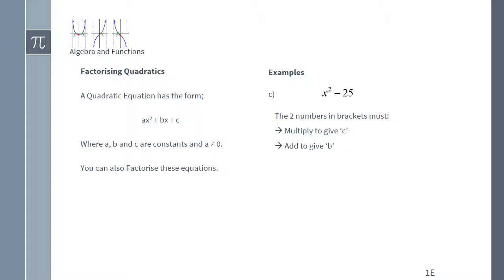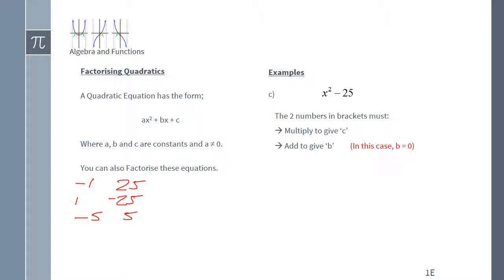X squared minus 25. In this case, life is slightly different because we don't have a b term. So we're looking for two numbers that multiply to minus 25 and add to be, well, nothing. Numbers that multiply to minus 25 are either minus 1 and 25, or 1 and minus 25, or minus 5 and 5.